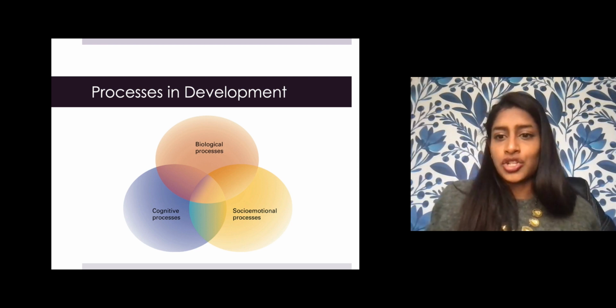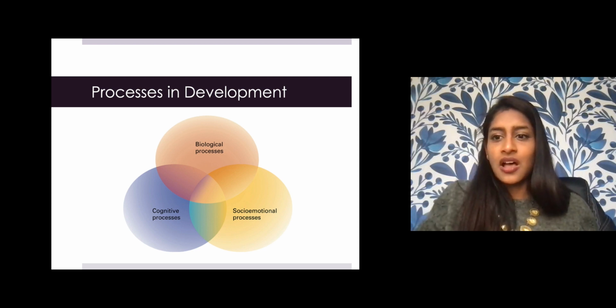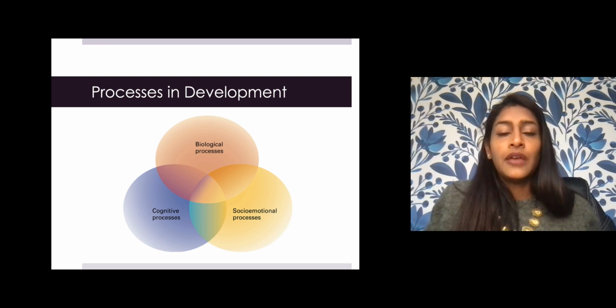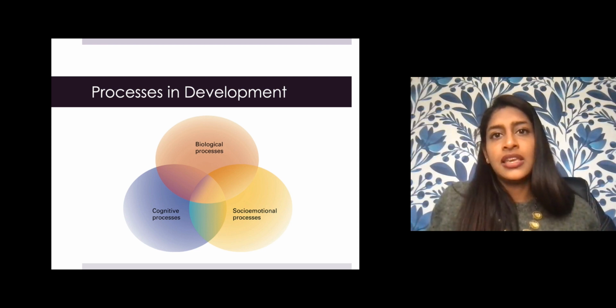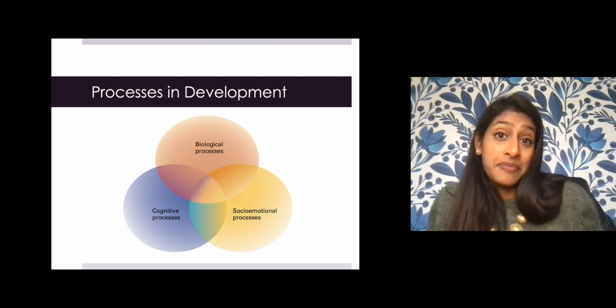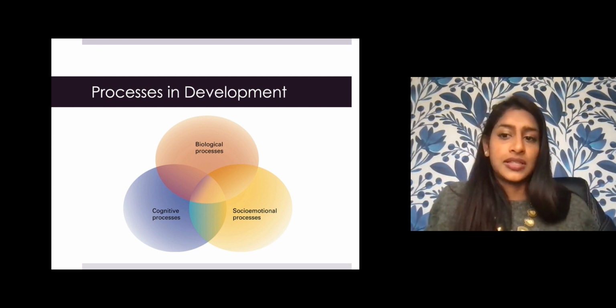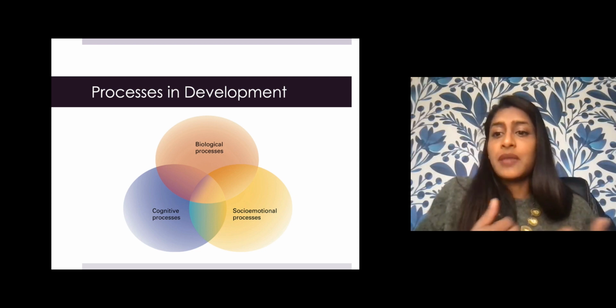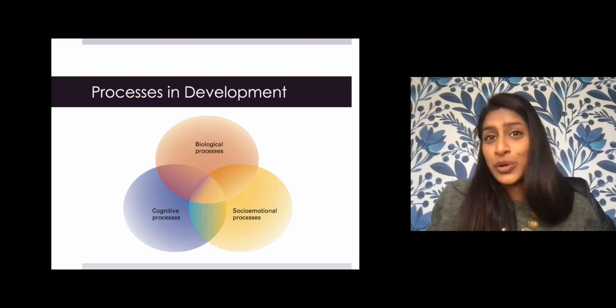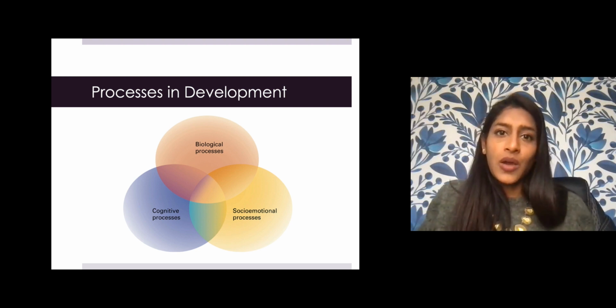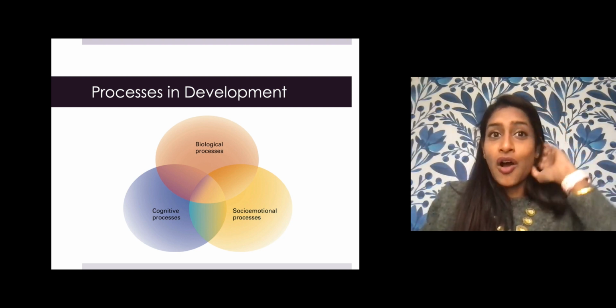The response that that child is going to give depends on the biological process, so the experience of touch itself and the responsiveness to that touch; the cognitive processes, so the child's ability to understand the intentionality of that act, what does that mean; and then finally, the socio-emotional processes, the act of smiling, or the understanding that smiling reflects a positive emotion and feeling, and that smiling helps us connect with our caregiver, this person that is providing that touch, in a way that might facilitate that ongoing interaction.